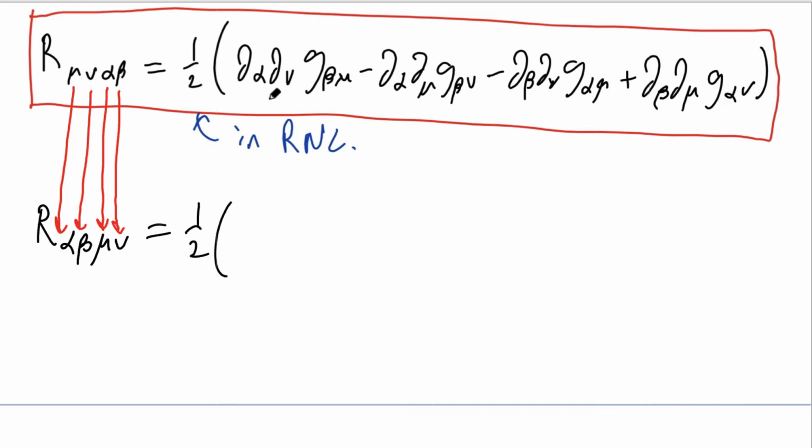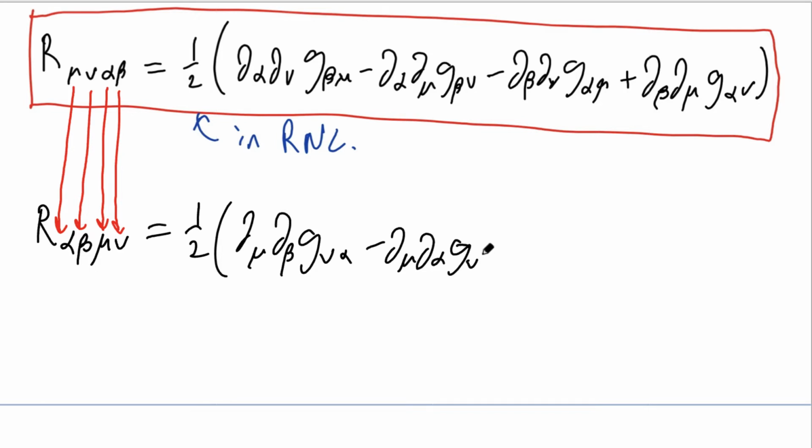Then this is 1/2 partial mu partial beta g nu alpha minus partial mu partial alpha g nu beta minus partial nu partial beta g mu alpha, and finally we have partial nu partial alpha g mu beta.